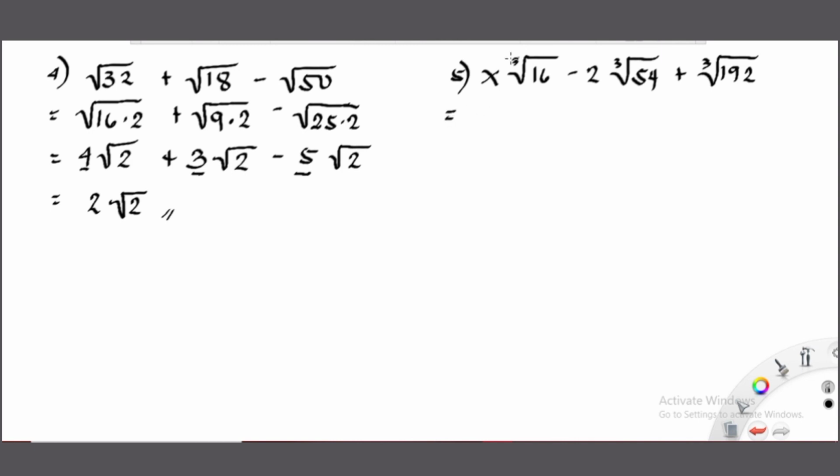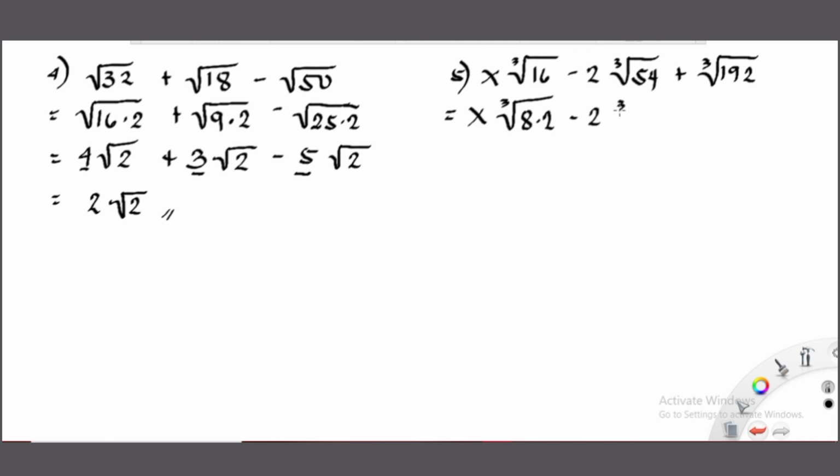So, let's do that on the first radical. So, we're gonna have x cube root of, so if we'll think of the factors of 16 where one is a perfect cube, we will get 8 times 2. 8 is a perfect cube.